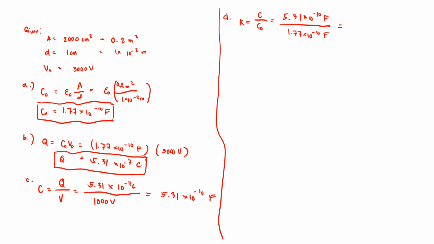This is equal to 3. So the dielectric constant is a dimensionless constant that is always greater than 1.